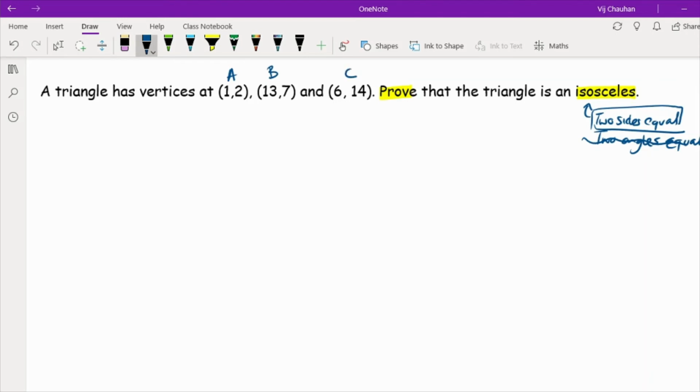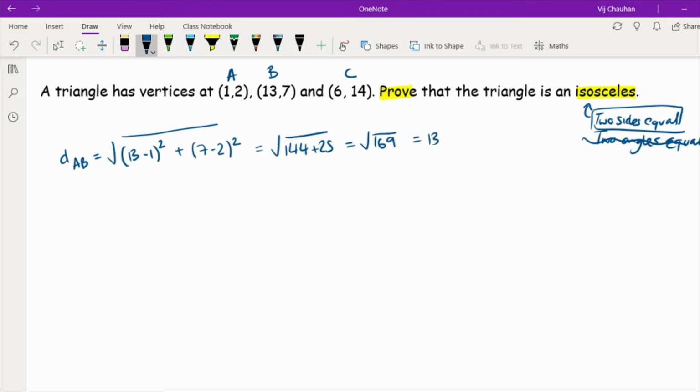And so what I'm now going to do is work out the distance of AB. So the distance of AB is going to be the square root of 13 minus 1 squared plus 7 minus 2 squared, and that then becomes 144 plus 25, giving me an answer of the square root of 169, which is 13.